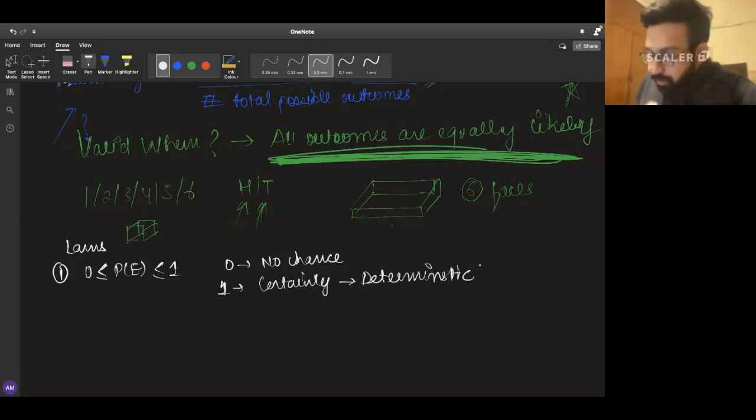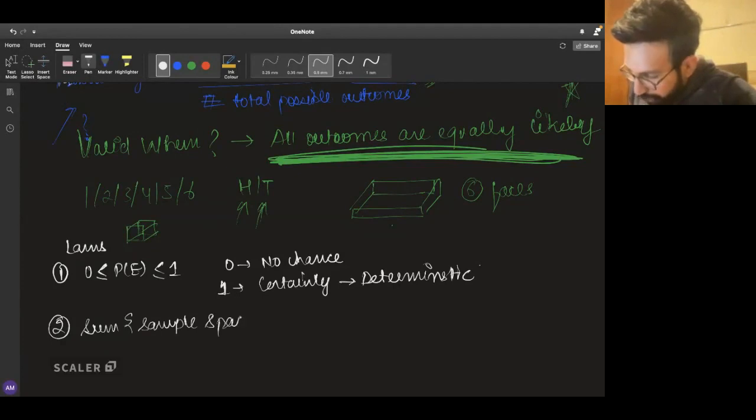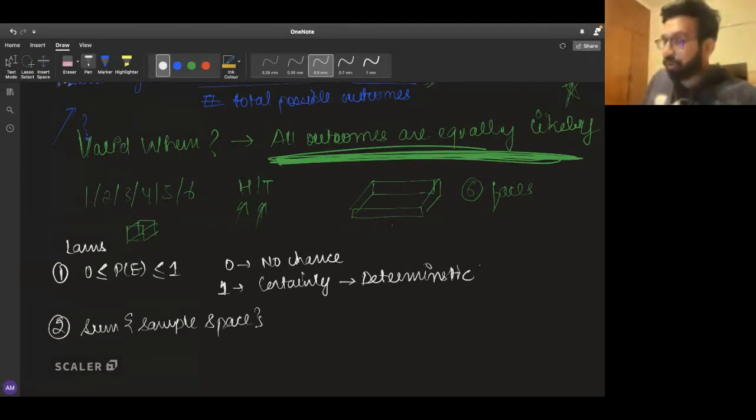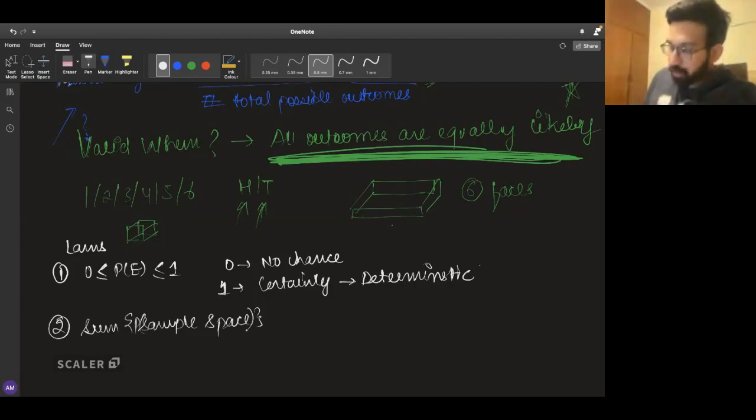Now, second thing, what is the sum of probabilities over the sample space of any experiment? You have an experiment, and you have a sample space. Sample space is all possible outcomes. Now, what is the sum of probability of all the possible outcomes in a sample space? Correct, 1.